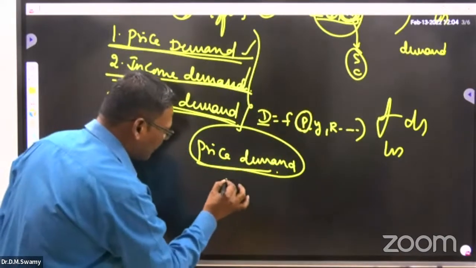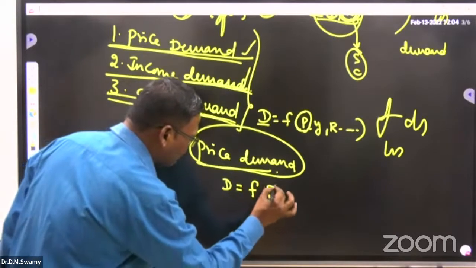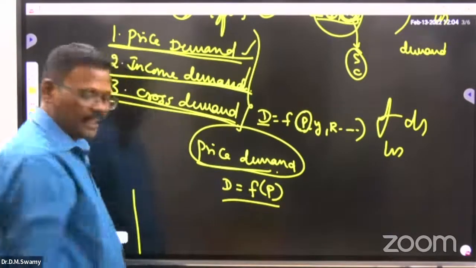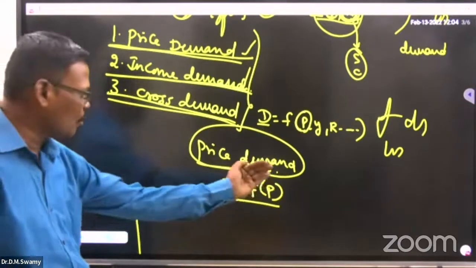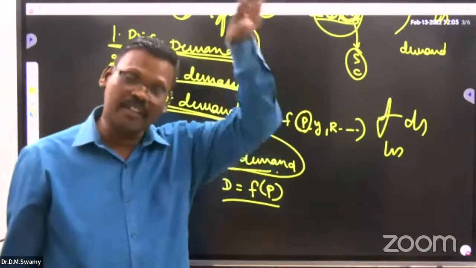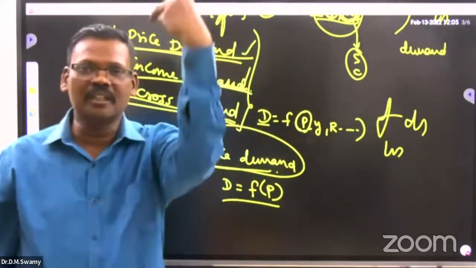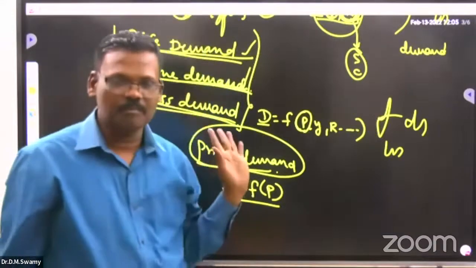That's why price demand is nothing but demand as a function of price. Other things also determine the demand, but all other things we assume are constant.